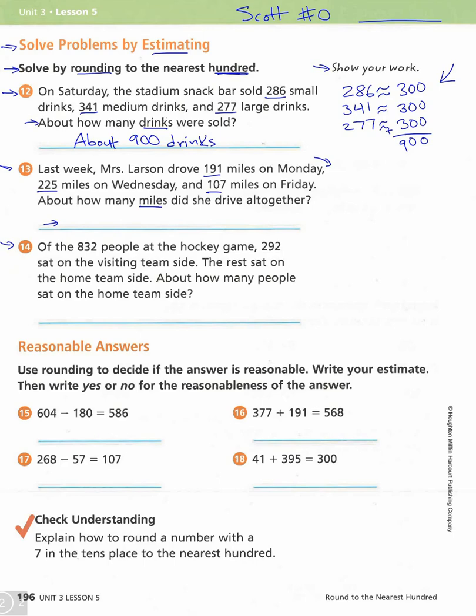We have to do a comparison bar here. So our total is 832. What does that about equal? And then we have these other amounts down here. We have 292. What does that about equal? I should have made a squiggly line up there.